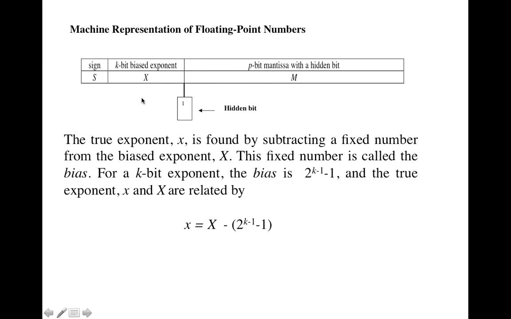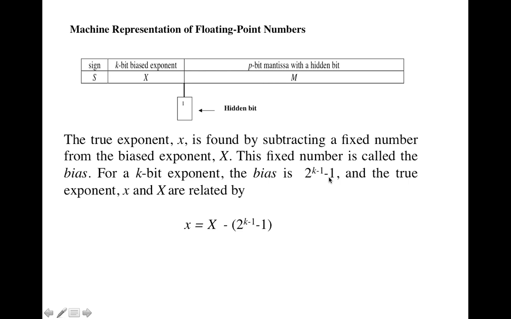The exponent is biased, meaning that there is a true exponent, and that is derived from the biased exponent by this formula, which is basically biased by this amount here, 2 to the k minus 1, minus 1.